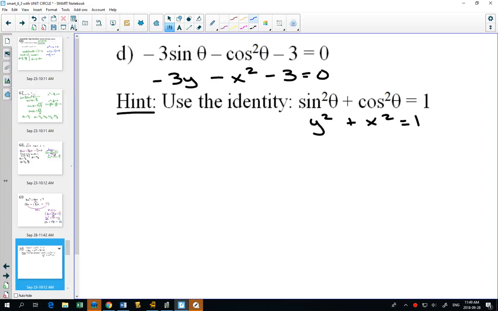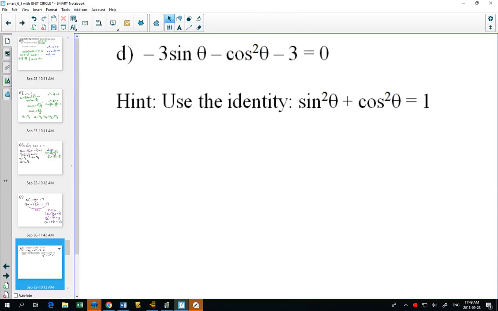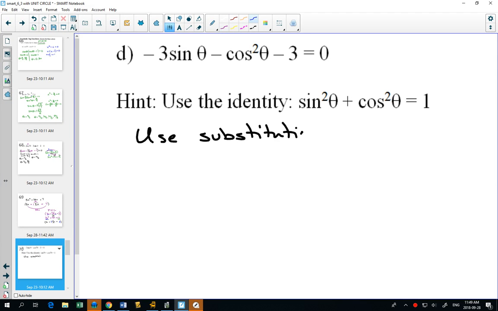Substitution. And so what we're going to do in these questions is we are going to use substitution. And the only thing you can substitute is something with the squared.